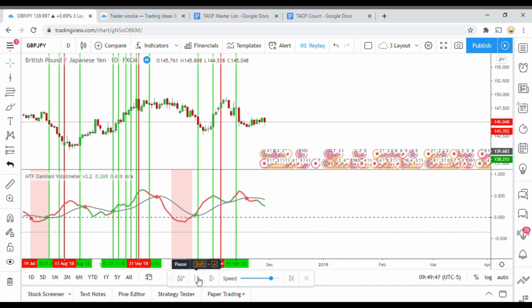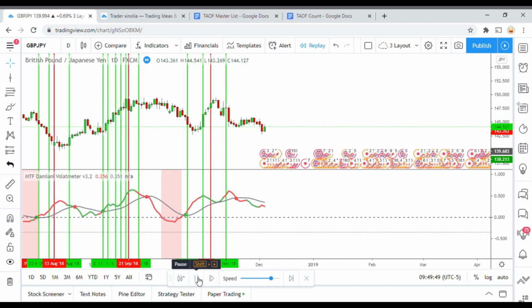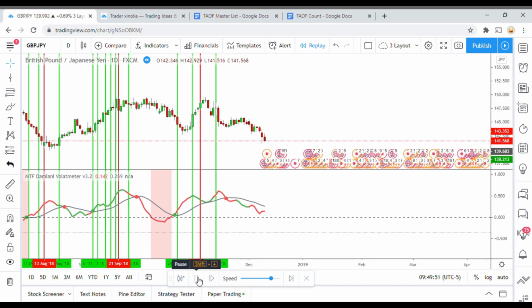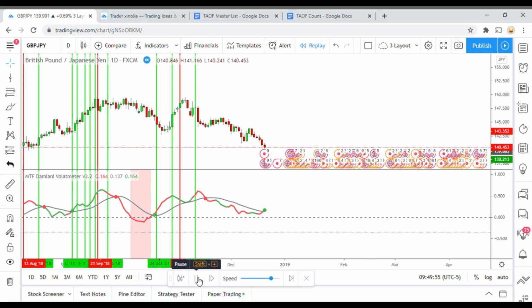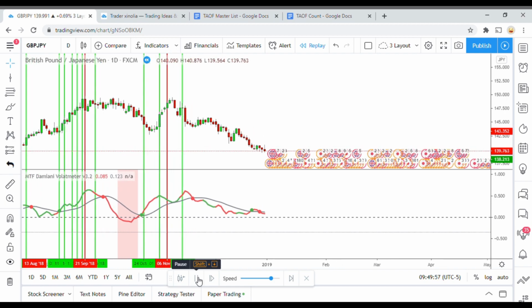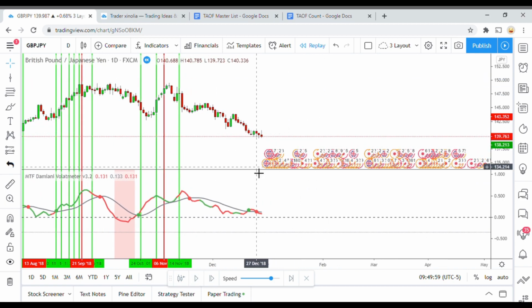And it drops under the volatility line. And we can continue on. Blips up over the line for just a moment back here.